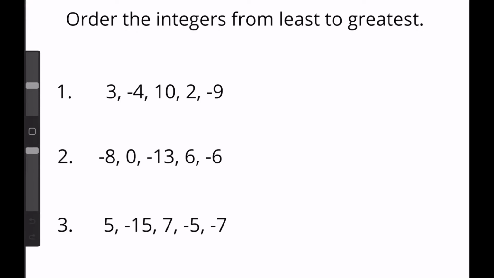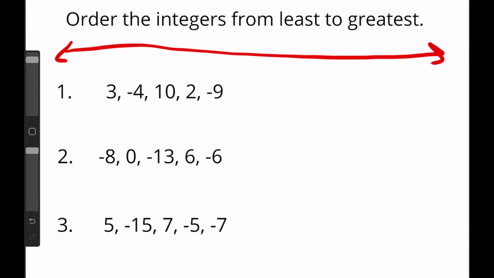So let's start with number one. Number one, we've got the number 3, negative 4, 10, 2, and negative 9. The lowest value integer is the one that places furthest left on the number line. So if we create a number line right here, and we place our 0 right here, we've got 1, 2, 3, 4, 5, 6, 7 here, and 1, 2, 3, 4, 5, 6, 7 here.